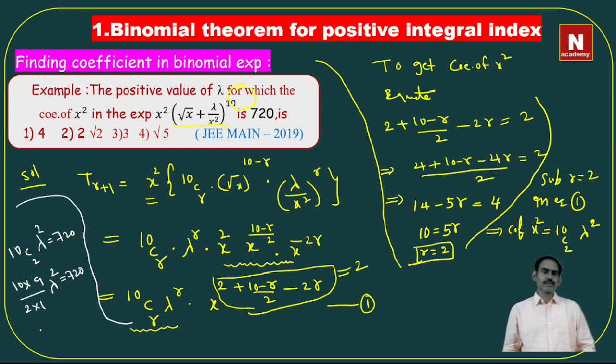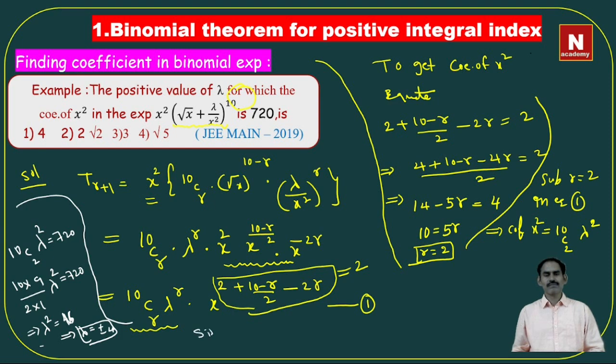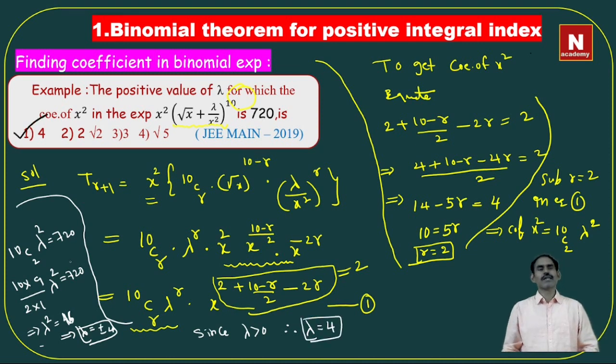By simplifying this, lambda square equals 16. That implies lambda equals plus or minus 4. But since lambda is greater than 0, the correct answer is lambda equals 4. The first option is the correct option.